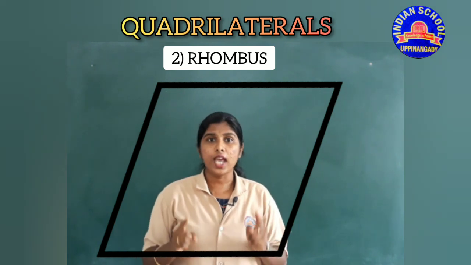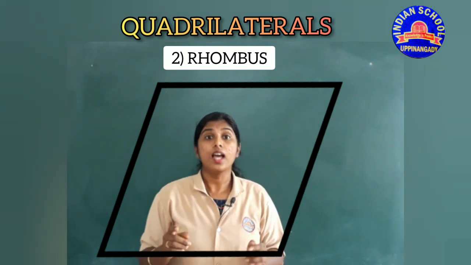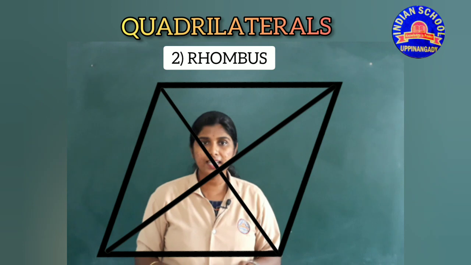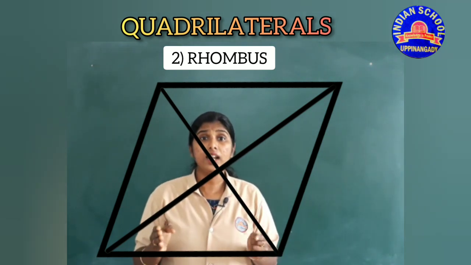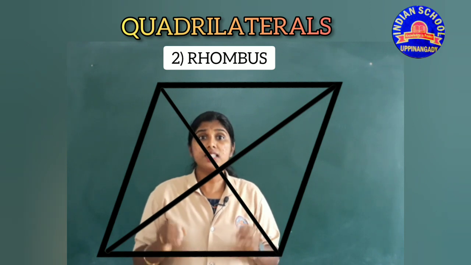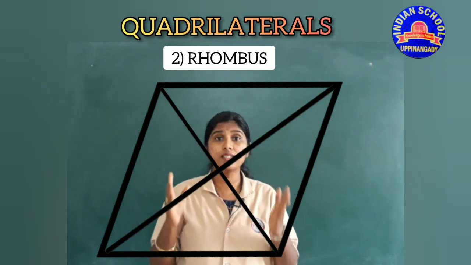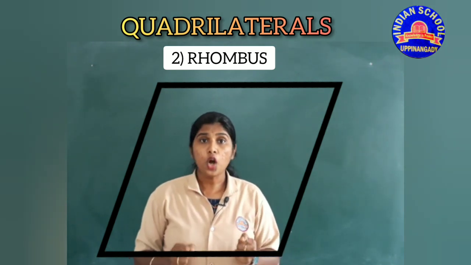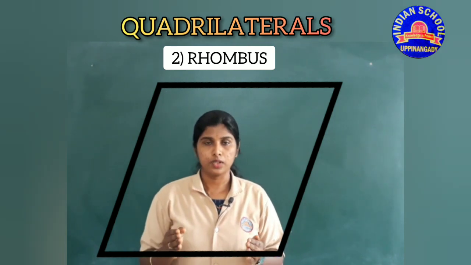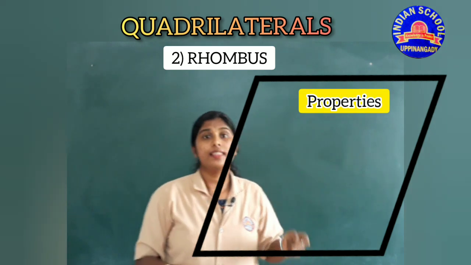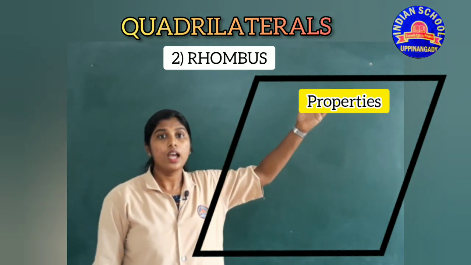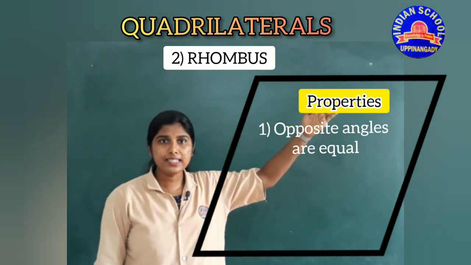And if you talk about their diagonals, they bisect each other and the diagonals are perpendicular. This is a special characteristic of this parallelogram called a rhombus. So, let us see its properties again. The first property says opposite angles are equal.